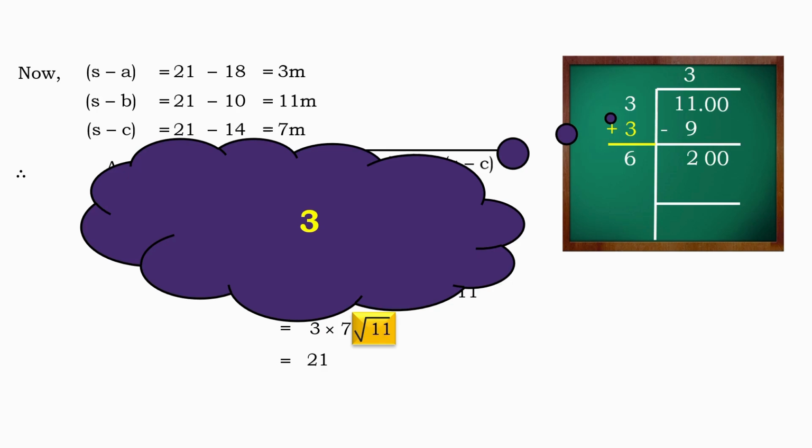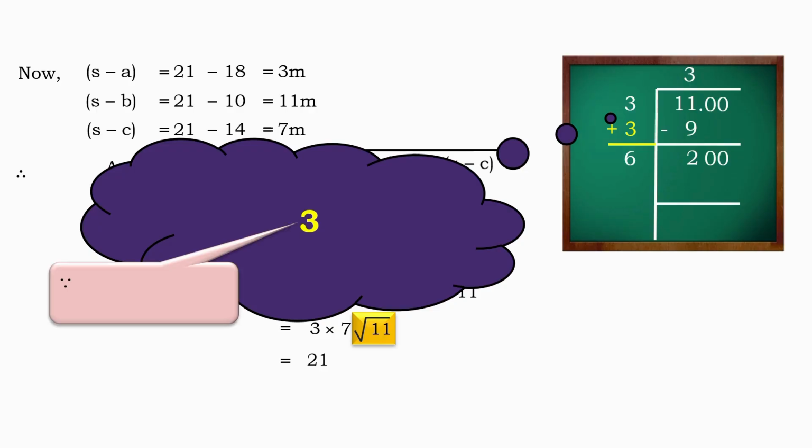Let's try with 3. 63 multiplied by 3 will become 189. That is also less. Let us try with 4. 64 multiplied by 4 is coming to 256, which is greater, so we can't take 4. So just below 200, we get 189. So that is the 3 value.